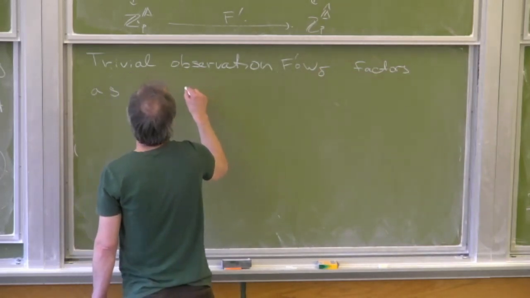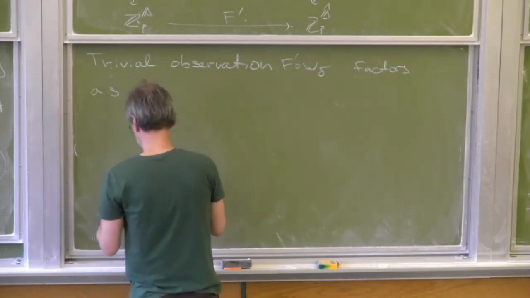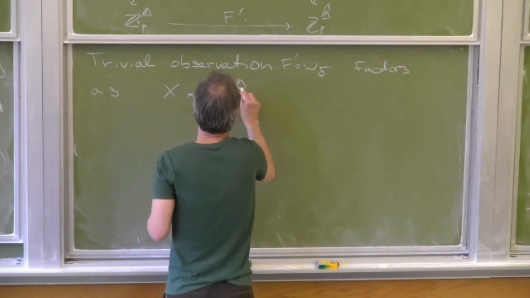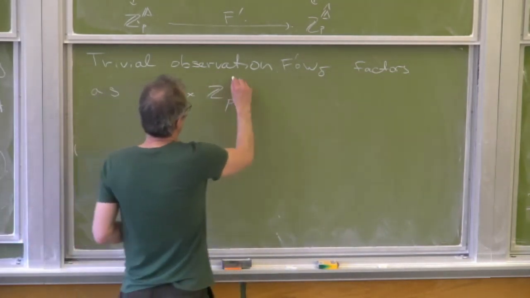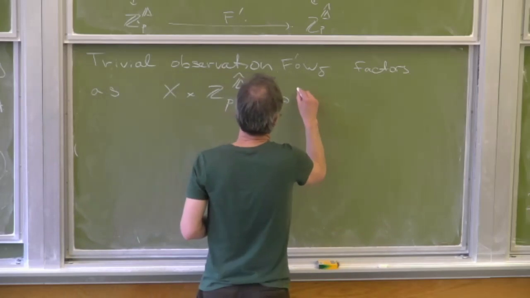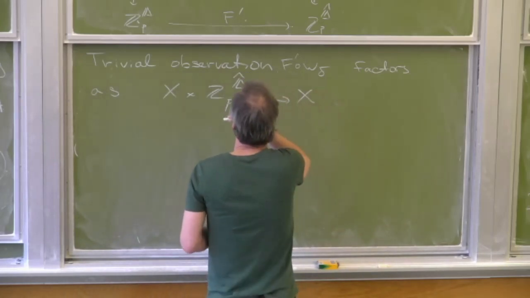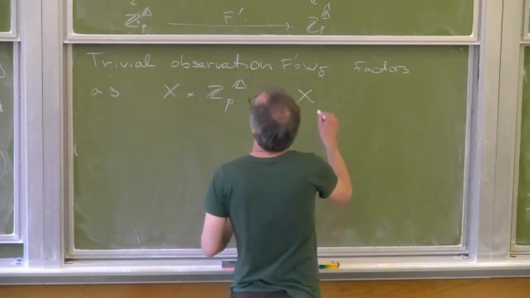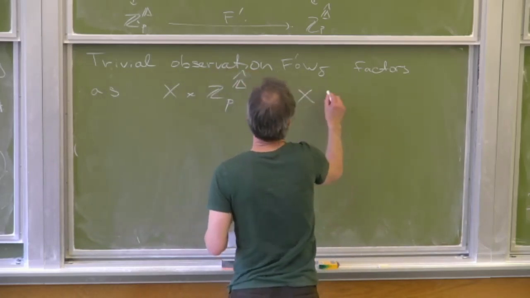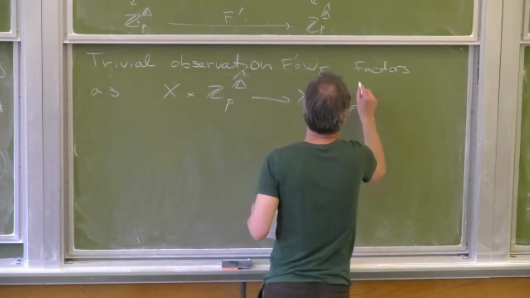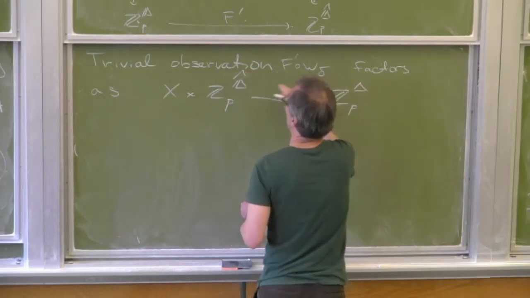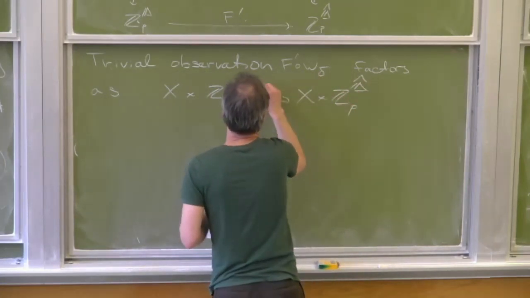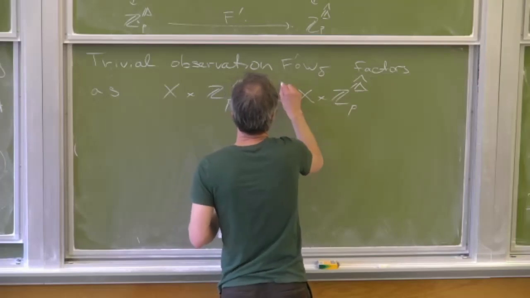Well, you have a map from X to X sheared prismatized, and this map is identity, Frobenius.